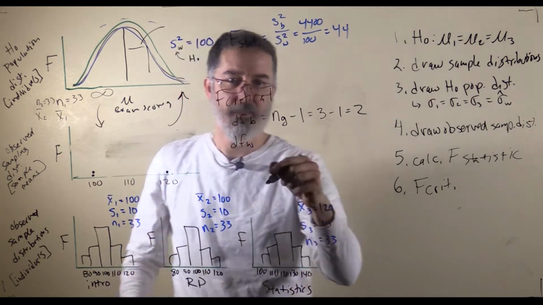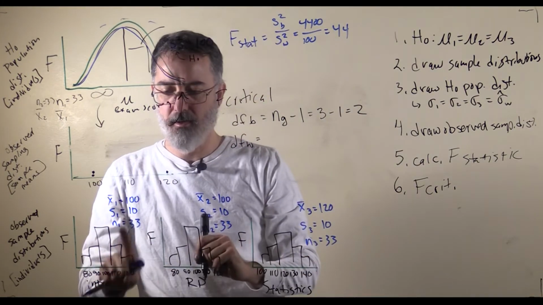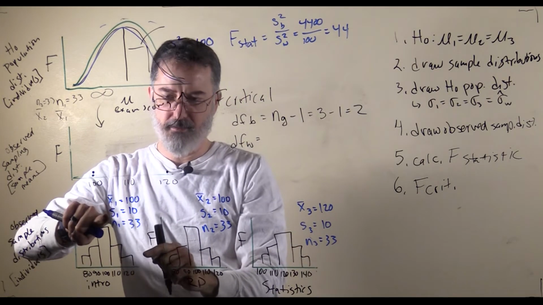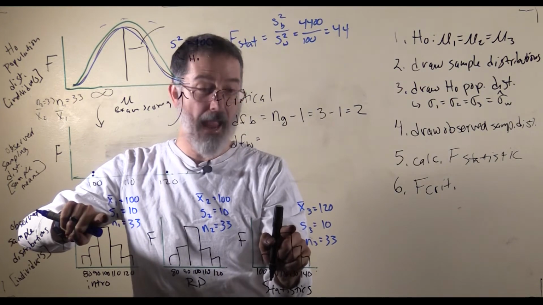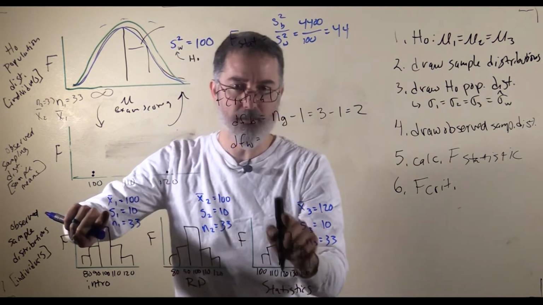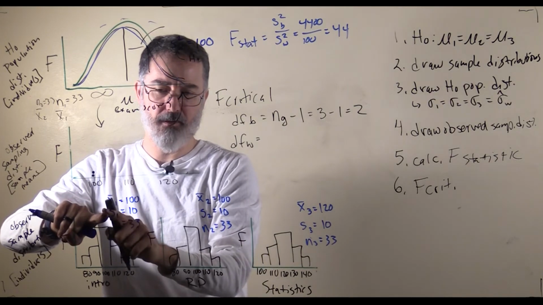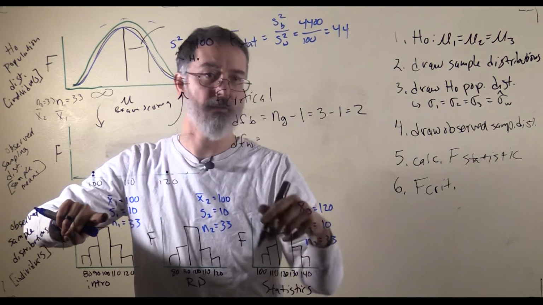The degrees of freedom within is going to be the sum of the degrees of freedom for our 3 different groups. Remember, our variance within was this standard deviation and this one all pooled together, averaged together. So our degrees of freedom within is going to add up the number of degrees of freedom that went into this calculation with the ones in this calculation and the ones that went into this calculation.